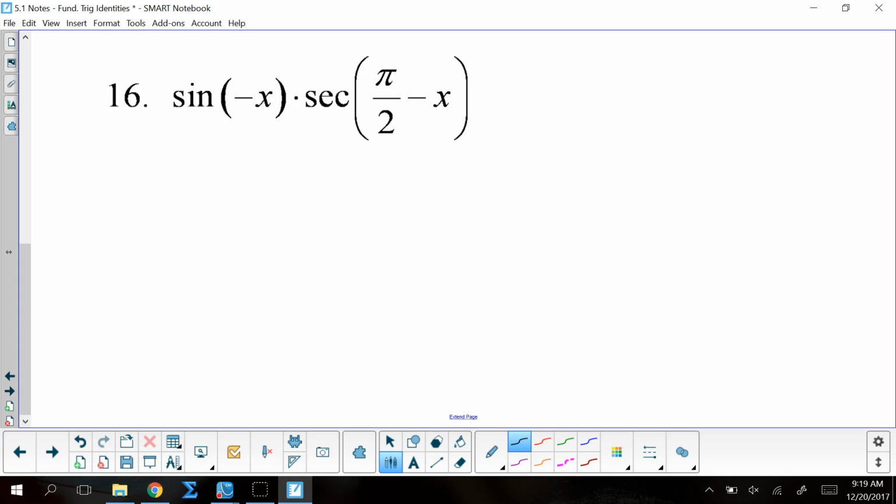So, if I were looking at this particular one, yes, ma'am? So is U interchangeable with X and theta? Yes. First off, I would change sine of negative x to what?